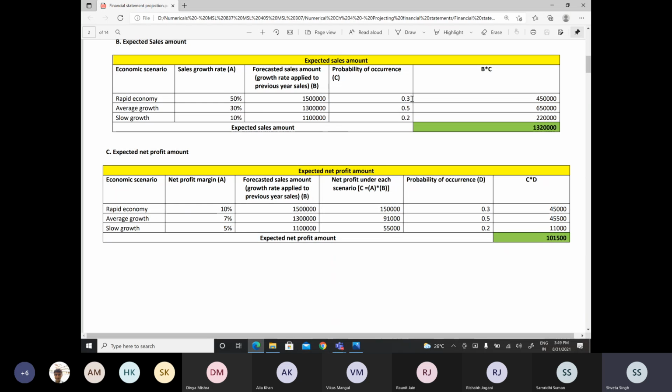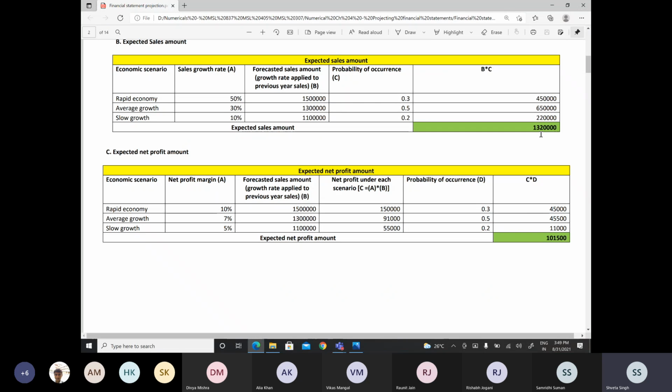Again, the probabilities of occurrence for the three are given. When we multiply the forecasted sales amount with the probability of occurrence, we get the weighted sum. So the expected sales amount would be $450,000 for the rapid economy, $650,000 in the average growth economy, and $220,000 in the slow growth economy, which gives us the expected sales amount of 1.32 million.